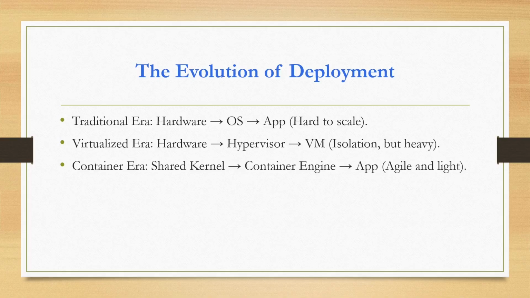After that, we deploy the application over that. That was very hard to scale and very hard to maintain. We had to maintain high availability, scalability, operability, and cost efficiency.